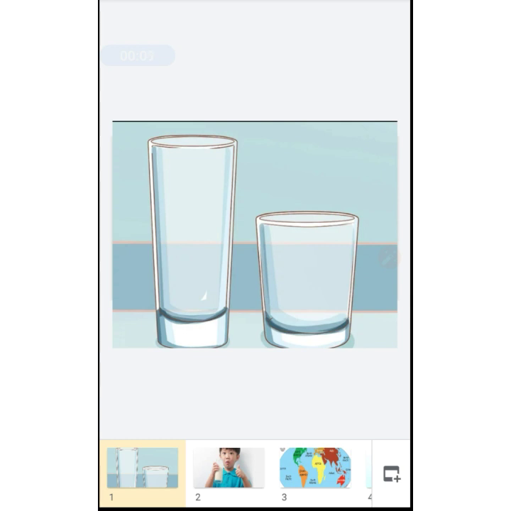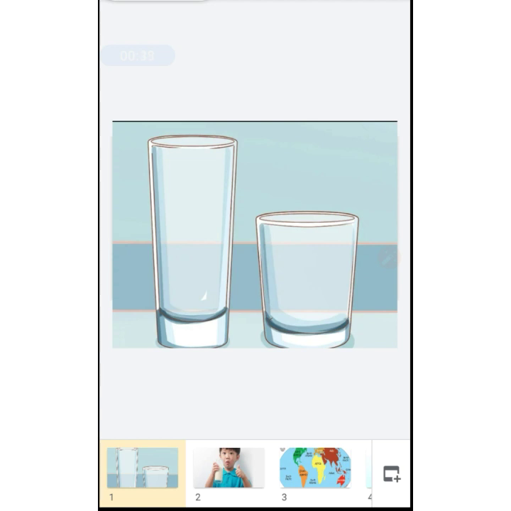Here, you are seeing the image of two glasses. So, my question is, which glass contains or holds the larger amount of milk? What do you think? Is it this one or this one? Think about it.